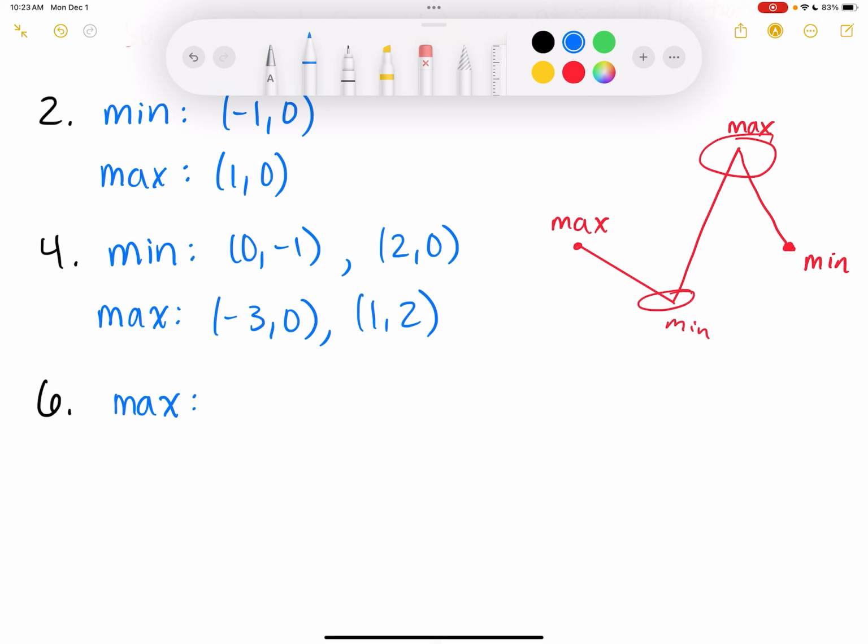roughly x equals c. And then our min would be the most min value. So I have two local mins here, but I have one that's the absolute extreme one that I'm looking for, which is at x equals b.